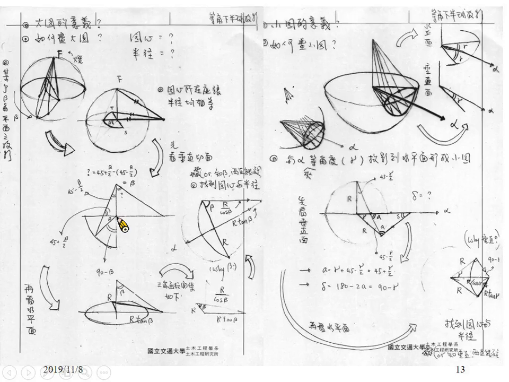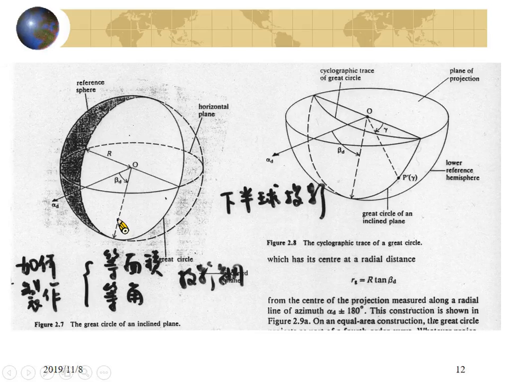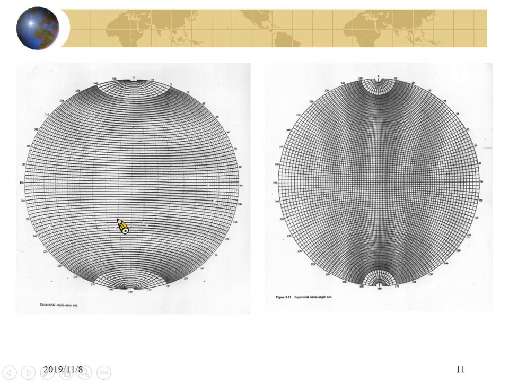Understand? Let's go back to here. If you have a ball like this, and you have a plane in the north-south direction with an inclined surface, then you will intersect the ball here and project it to the horizontal plane.